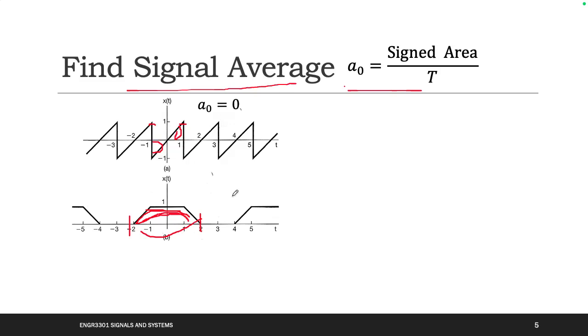So it is 1/2. Let us calculate it. This area, this is 4, am I right? This is 2, am I right? So this area is 12 divided, am I right?